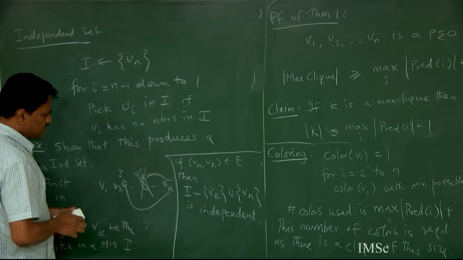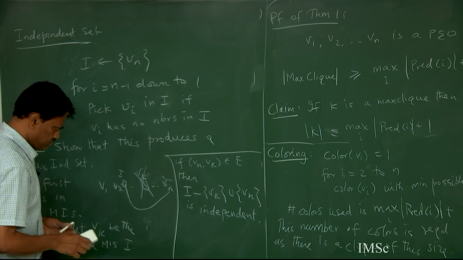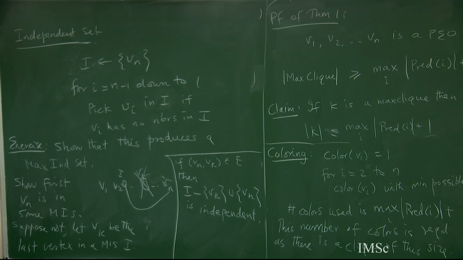Okay. If VnVk is not an edge, then take the neighborhood of Vn intersection I, the maximum index one. The same argument goes through. I just do the same thing. Because if any Vi vertex was there in the independent set before Vk, then if Vn does have an edge, you can delete Vi and include Vn.